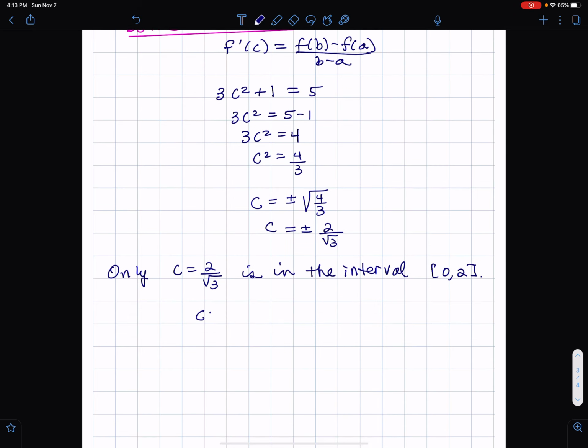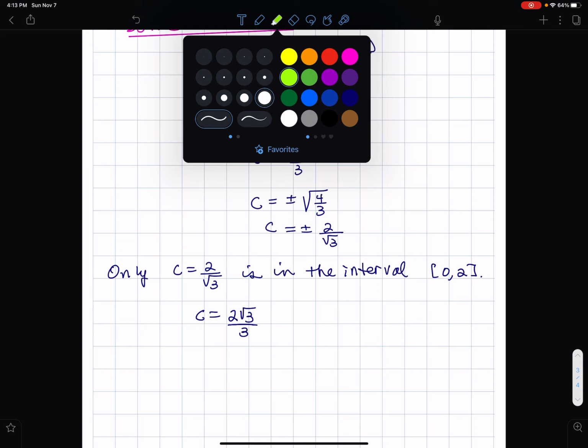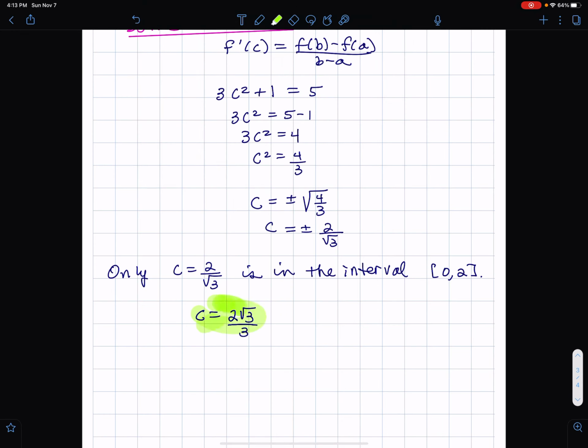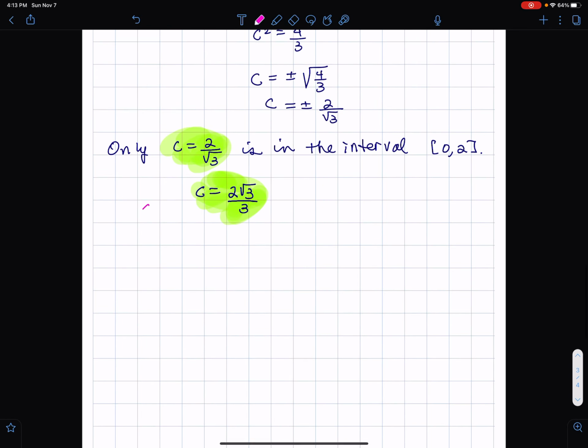So c is equal to, it's up to you whether you feel like you have to rationalize the denominator. Certainly we should know how to rationalize the denominator. That's another topic, but you can do a little aside. 2 over rad 3, you multiply the numerator and denominator by rad 3.